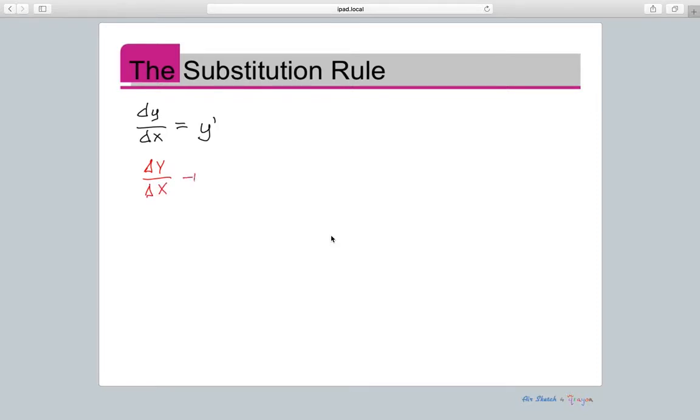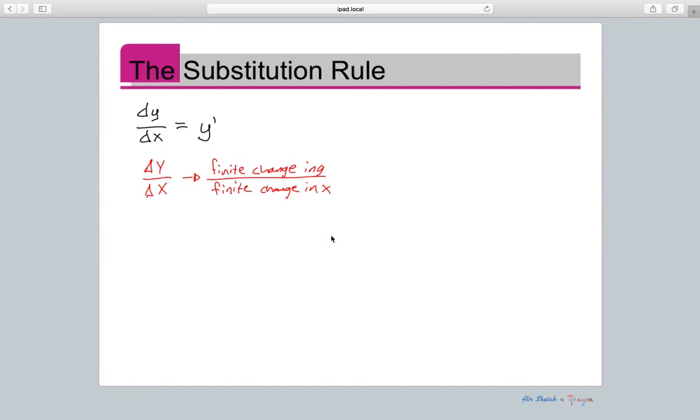But this means a finite change in y over a finite change in x. When I say finite, I mean between 2 points, right?